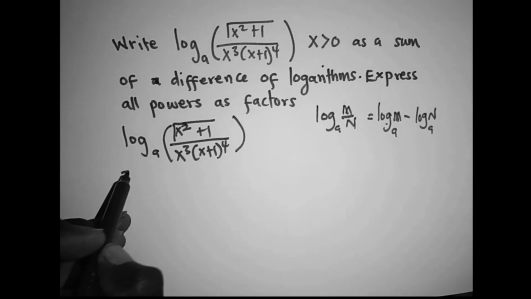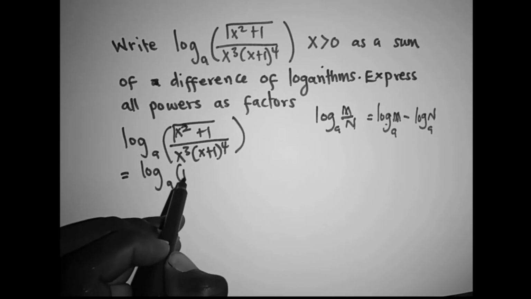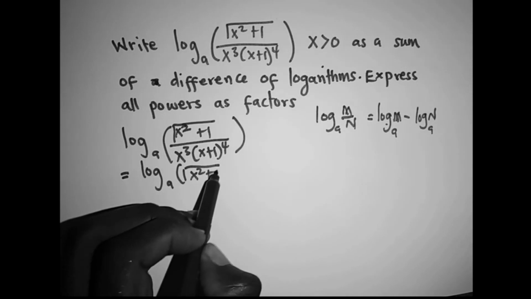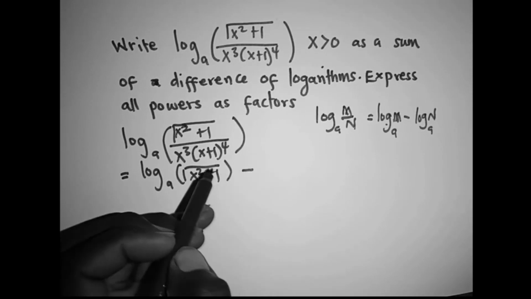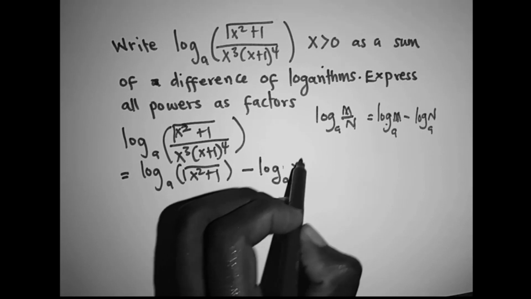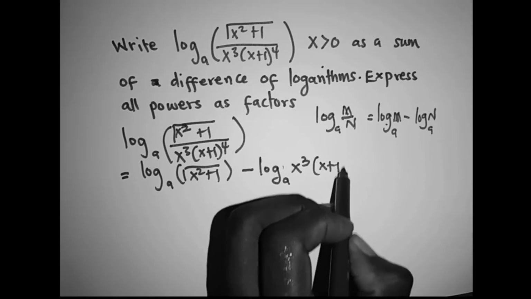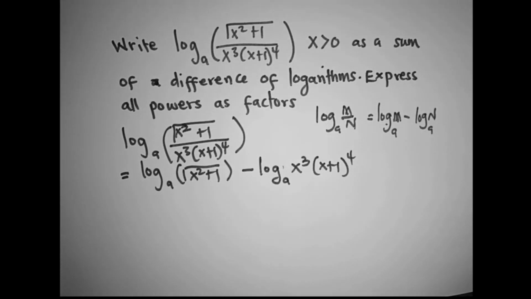So this is equal to log base a of square root of x squared plus 1, then minus log base a of x cubed into bracket x plus 1 exponent 4.